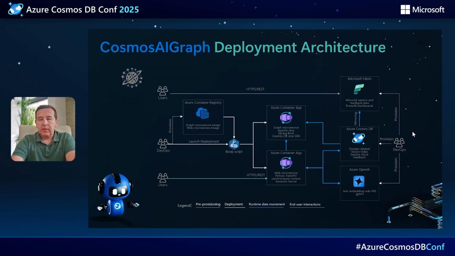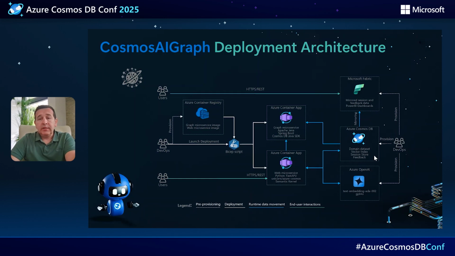Quick deployment architecture of CosmosAIGraph before I go into the demo. It has two microservices, Graph and Web, hosted in Azure Container Apps. They're deployed through a Bicep script from the Docker images that are stored in Azure Container Registry. And as the Graph microservice, which uses Apache Jena as its triple store, instantiates, it loads the data from Cosmos DB.